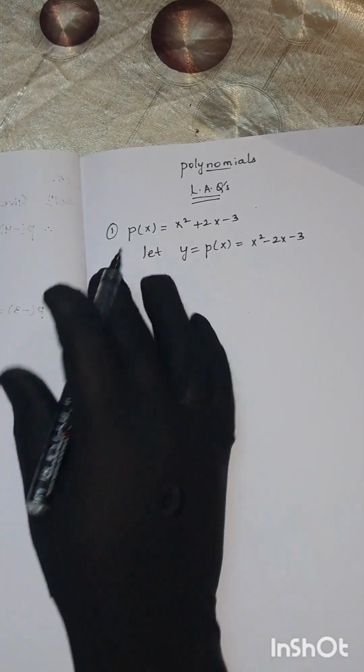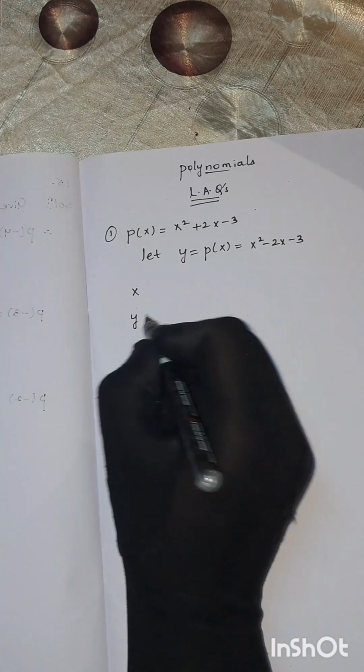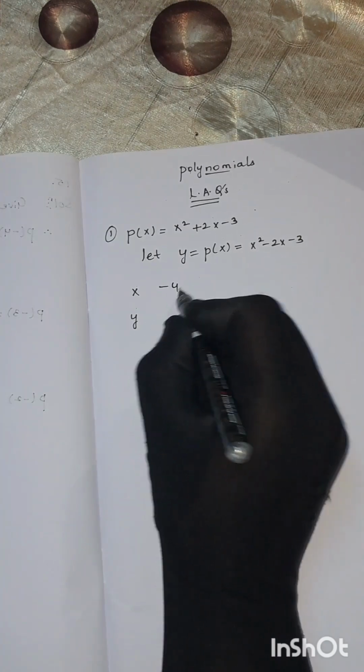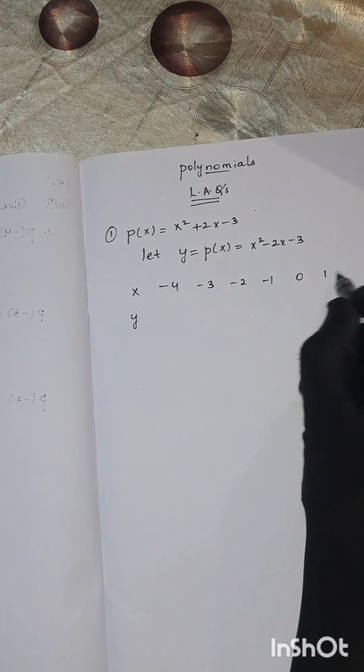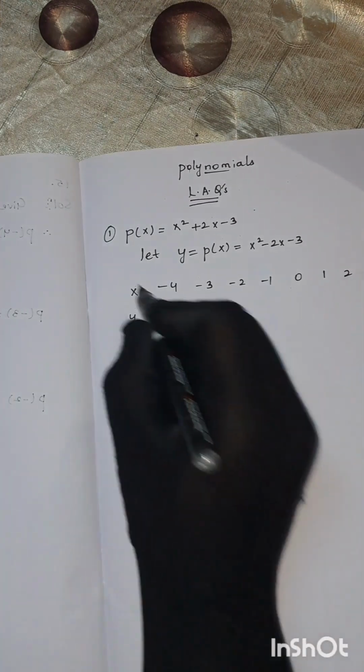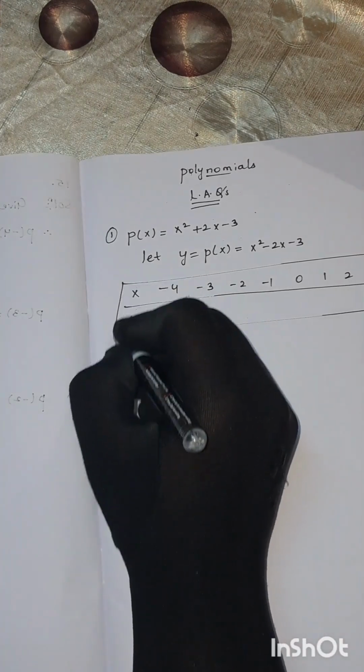Okay, so let us take different values for x and y. So I'll take it as minus 4, minus 3, minus 2, minus 1, 0, 1, 2, 3, 4. For these many values of x, we have to find out the values of y.